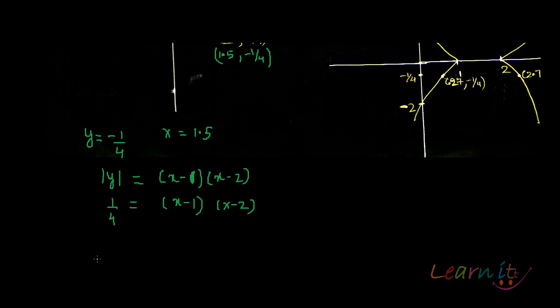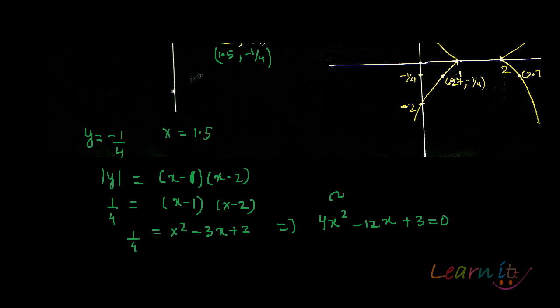Which means that my equation now changes. When I open it up, basically 1 by 4 equals x square minus 3x plus 2. This implies that the equation I get is 4x square minus 12x plus 3 equals 0.